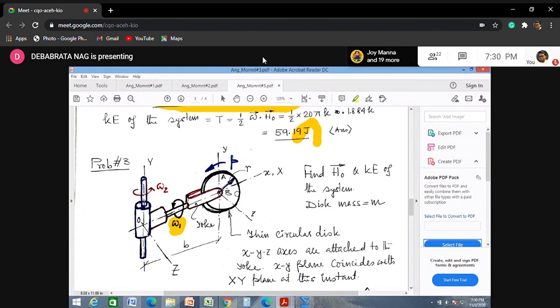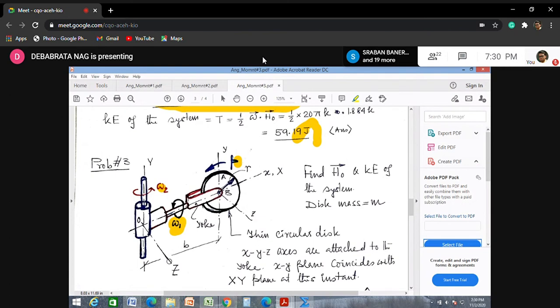So you see, you can have the similarity. Like in your problem 1, your main shaft was rotating. So here also the main shaft is rotating with an angular velocity omega 2. Then you have the disk rotating with an angular velocity of p in this bearing, and the yoke which is carrying the bearing of this disk is itself turning with respect to the x-axis, and the angular velocity is omega 1.